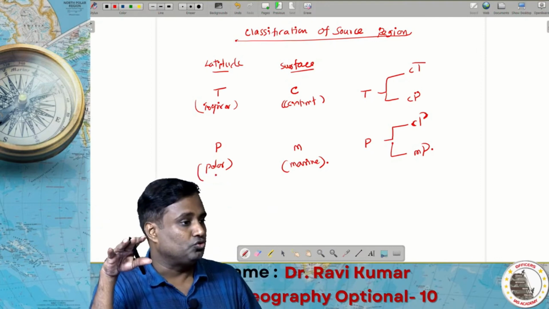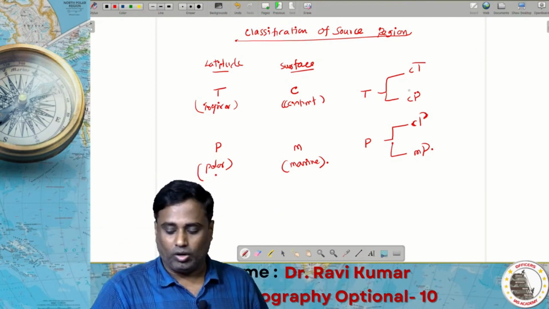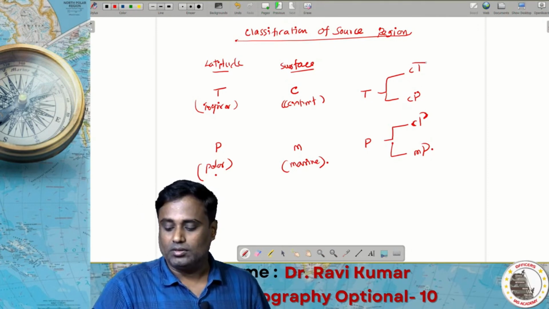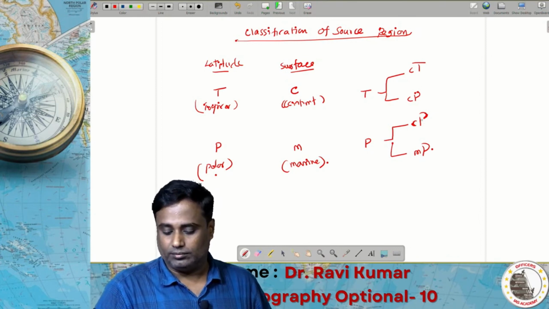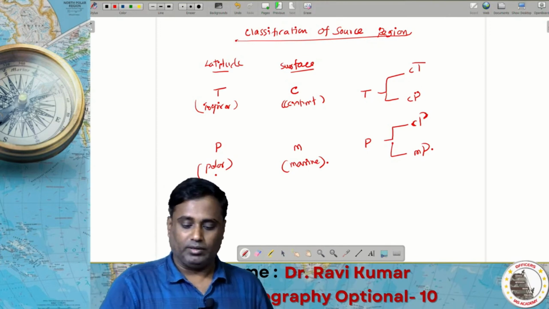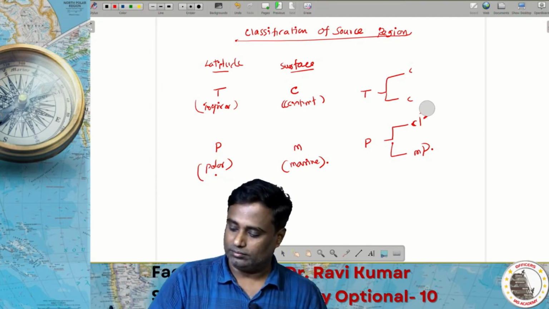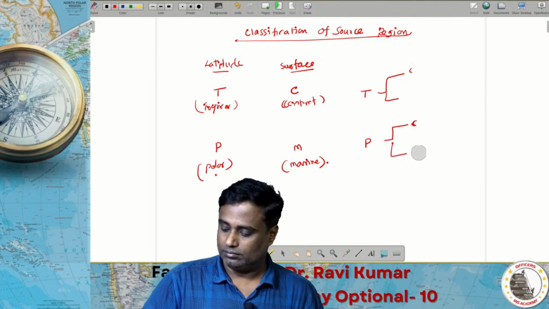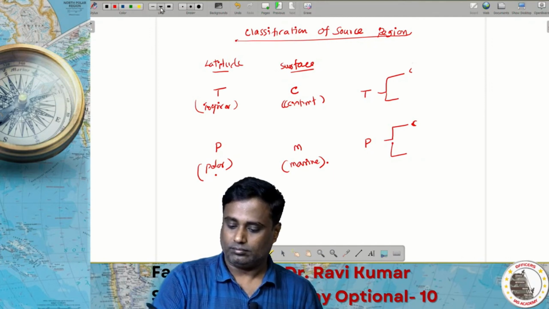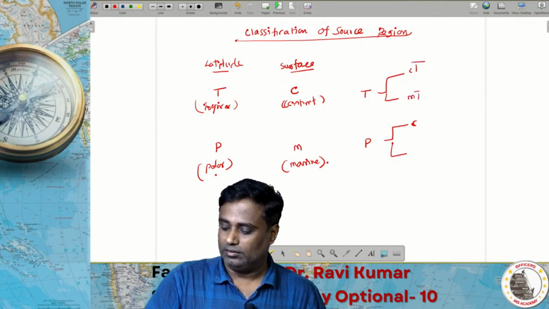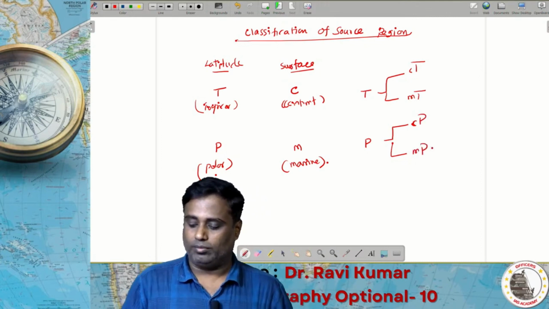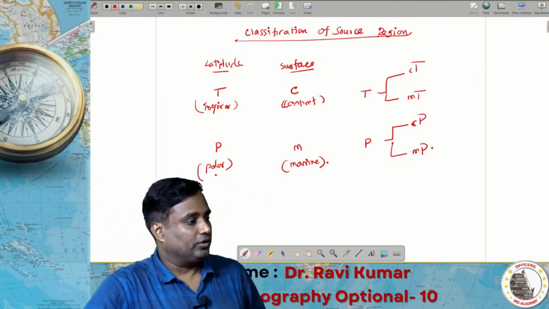So there are four types of source regions: tropical continental, tropical marine, polar continental, and polar marine. Okay, there are four classifications.